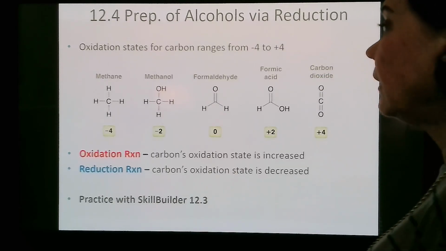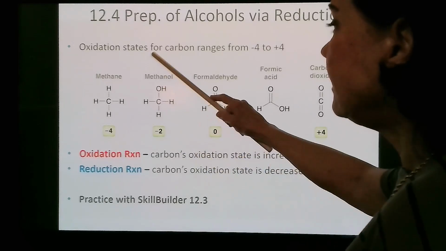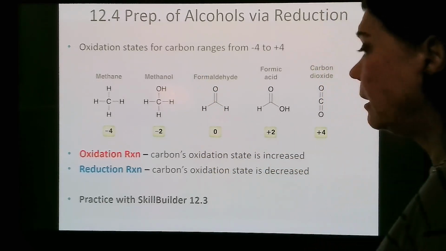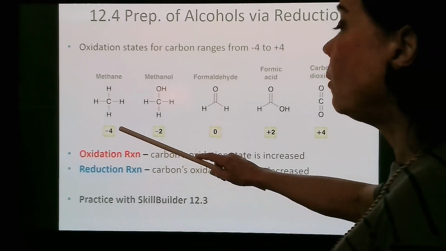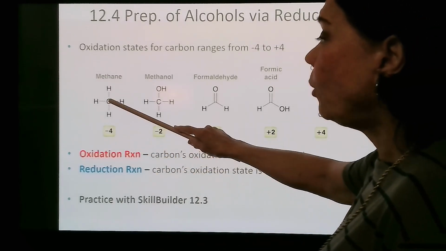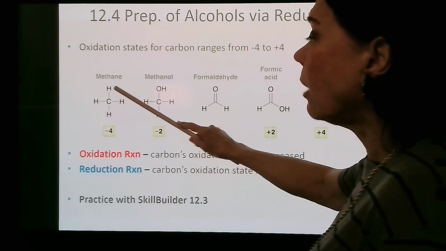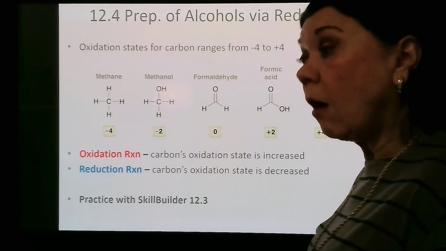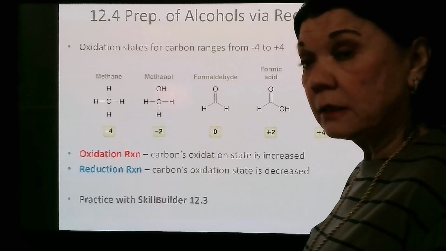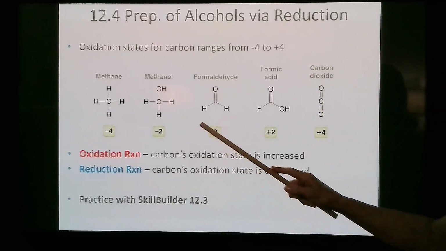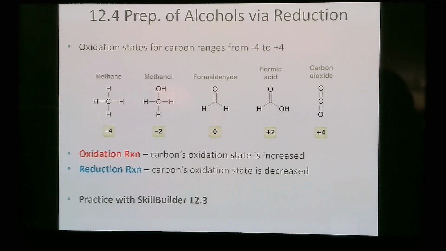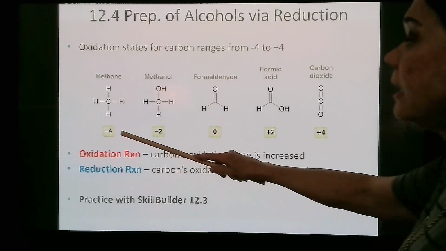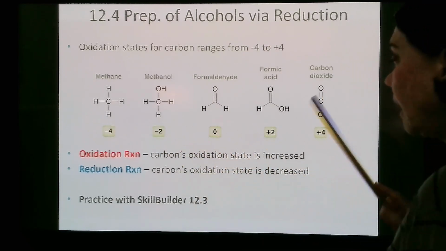Now, the oxidation states for carbon, this is totally separate from formal charges, remember. So it can range from methane, where carbon is bonded to 4 atoms, which are all lower in electronegativity, all the way up to 4 bonds to oxygen, which of course is higher in electronegativity. And so it can range from -4 to +4.